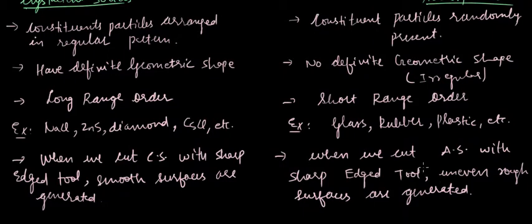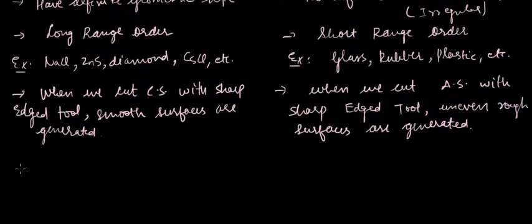Okay, next we can write that crystalline solids have a sharp, or in other words definite, melting point. Let's write it sharp only: they have a sharp melting point, whereas amorphous solids have a diffused melting point.